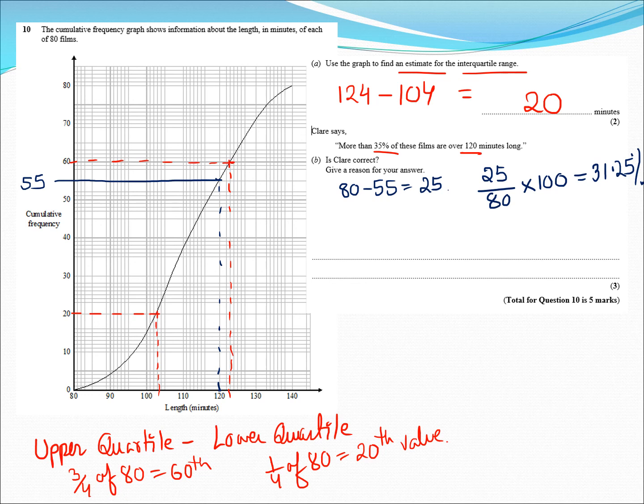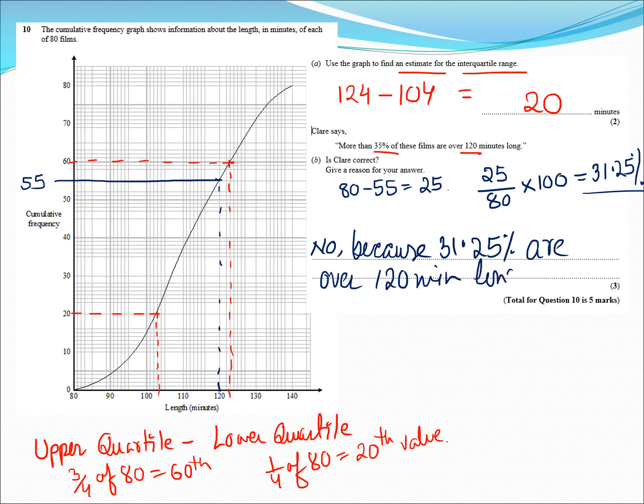But from my calculation, I get only 31.25% of the films are over 120 minutes long. So is Claire correct? No, she is not, because 31.25% are over 120 minutes long.